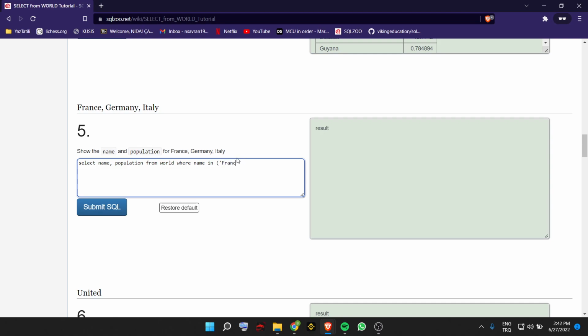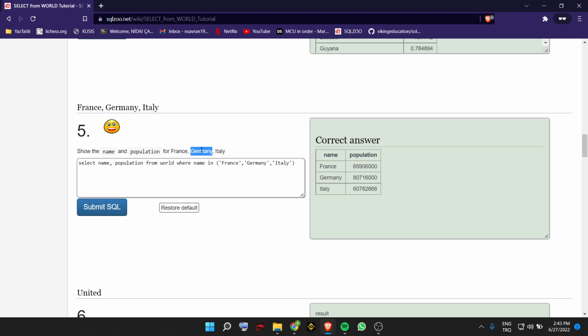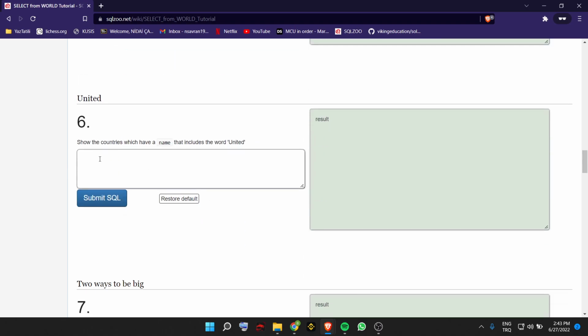Let's write France, Germany, or Italy. And yes, you can write name equals France, or name equals Germany, or name equals Italy as well, but this is better.